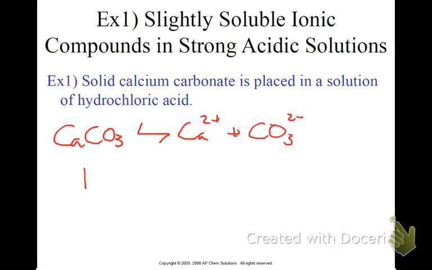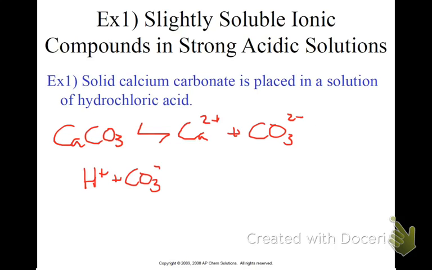However, if we drop it into a solution of hydrochloric acid, that means we're adding H+. The Cl- ions aren't strong enough to do anything, so they just stay Cl-. So who would the H+ react with? Would it react with the calcium? No, because calcium is plus and H+ is going to react with a minus. Would it react with the carbonate? Yeah, there's a 2- right there. I bet that'll work.